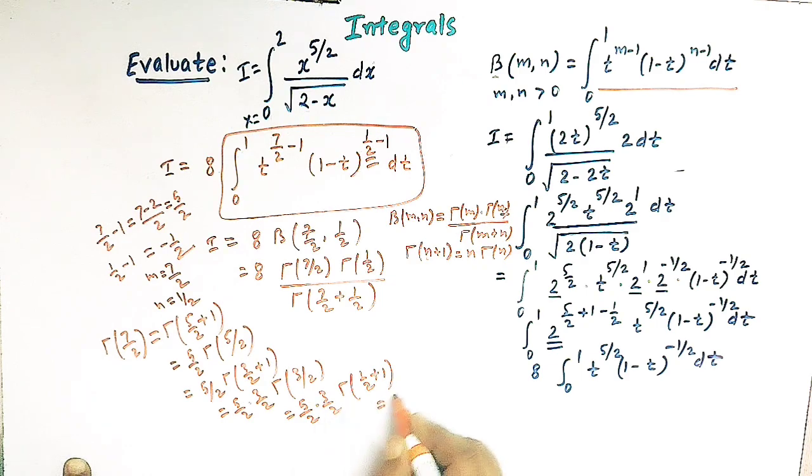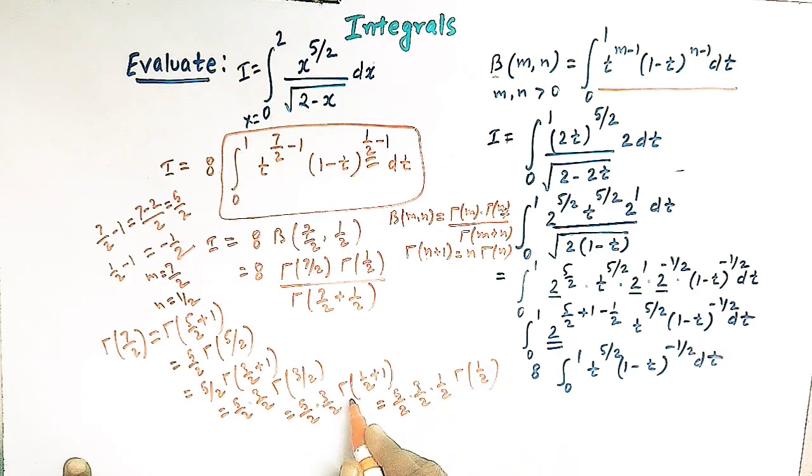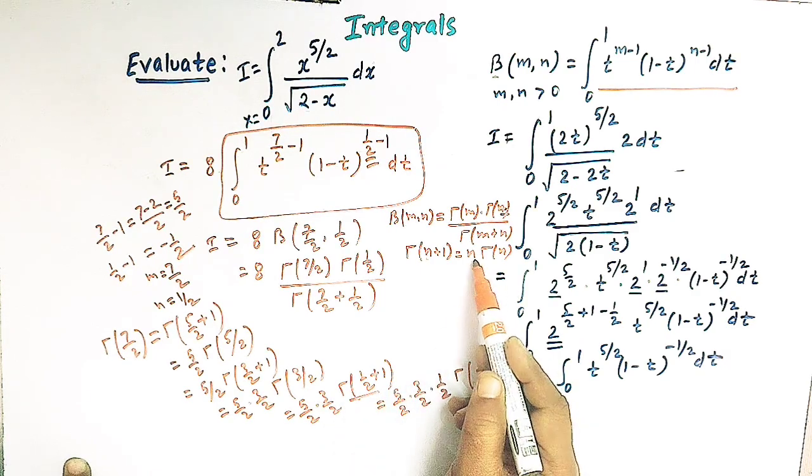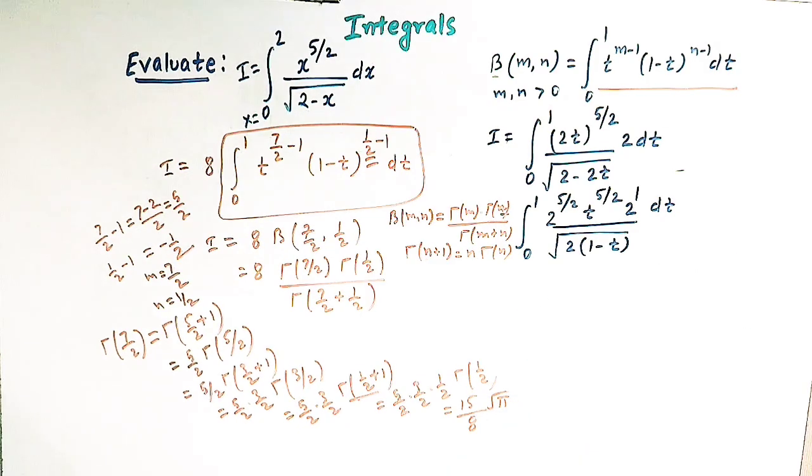So we can now write 5 over 2 times 3 over 2 times half, and then we have gamma half. Here again we have used this result, right? So now this is 5 times 3 is 15, and here 2 times 2 times 2 is 8, and gamma half is given by square root of pi.